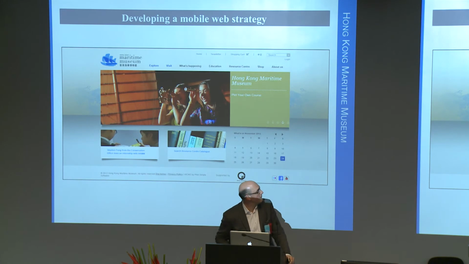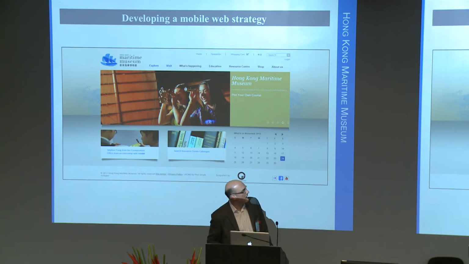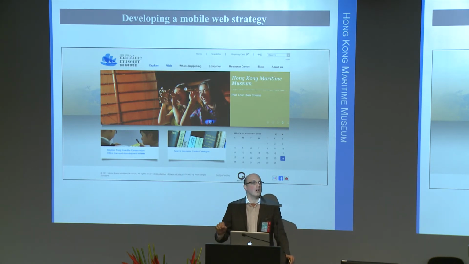This is the museum's redesigned website. It's based on a classic style that you see a lot in museums around the world. And one of the issues, just as an example, is here on the front page, it says you can go to the library catalog and search the thousands of books which are in the resource center.